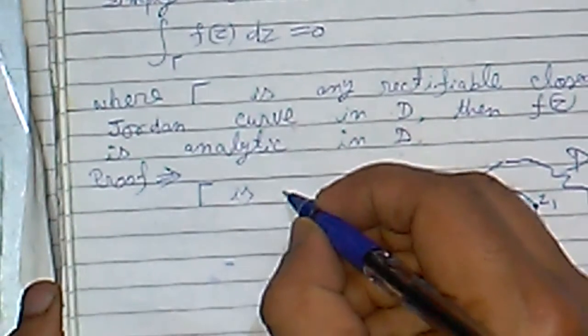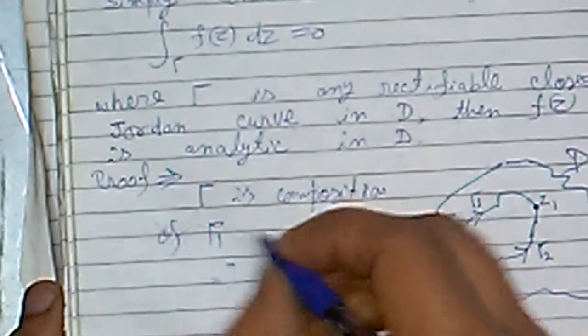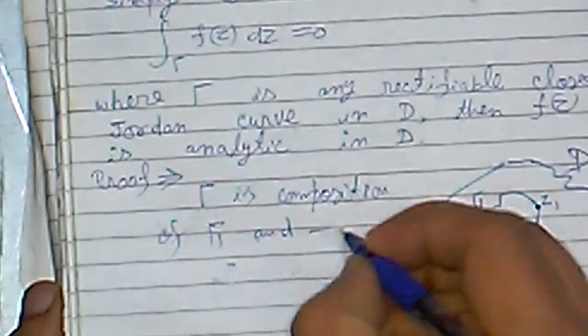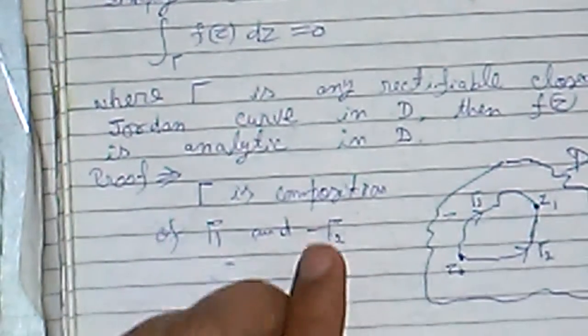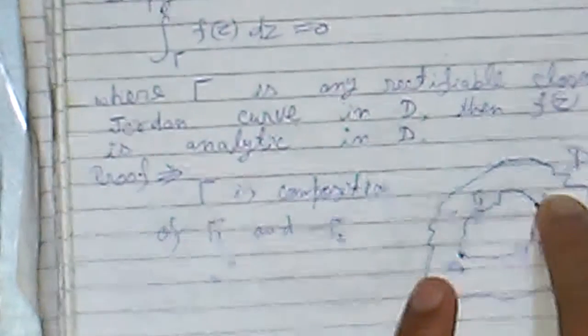And we say gamma is the composition of gamma 1 and minus gamma 2. Here the minus sign indicates that if we go from z0 to z1 through gamma 1, and then return from z1 to z0 to close the curve, the direction along gamma 2 is reversed.